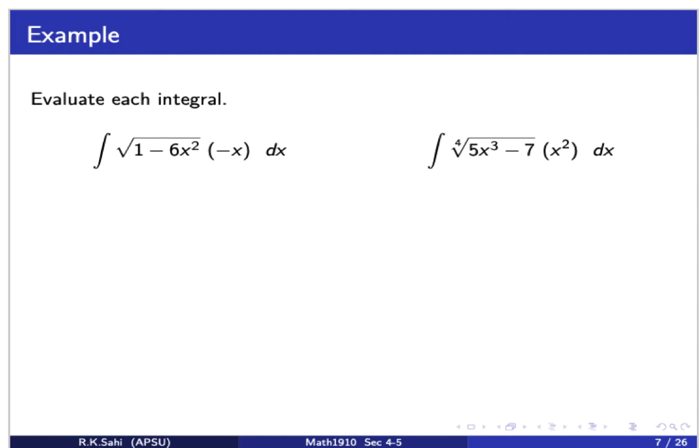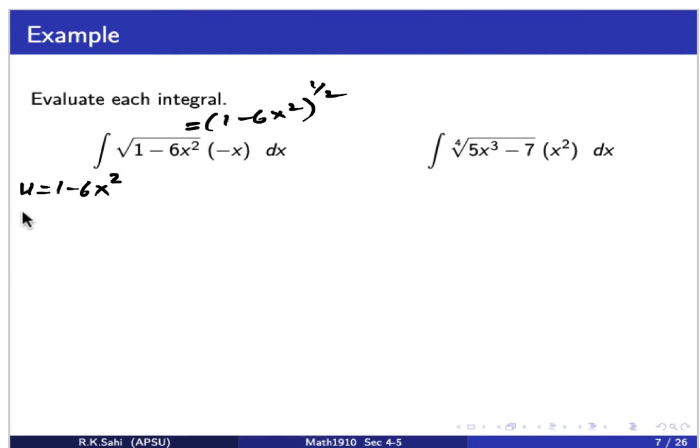The square root of 1 minus 6x squared is written as 1 minus 6x squared to the power half. So the inside function is 1 minus 6x squared. Every time, ask which is the inside function; it makes life simpler. So u is going to be 1 minus 6x squared.